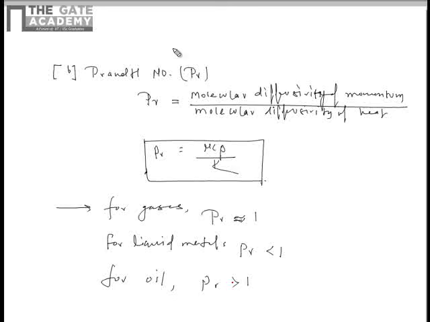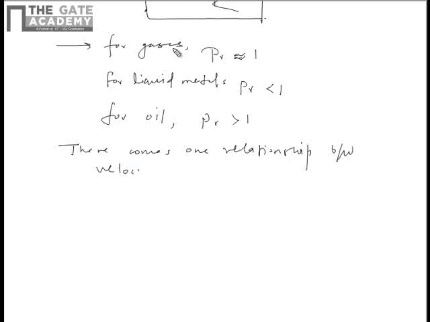So there comes one relationship between velocity boundary layer and thermal boundary layer.